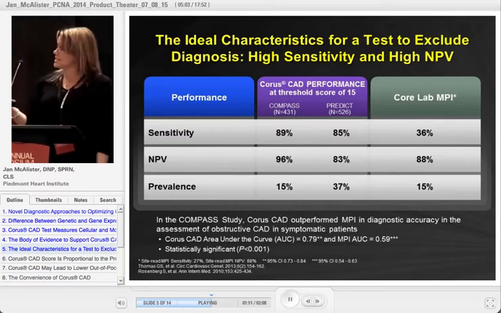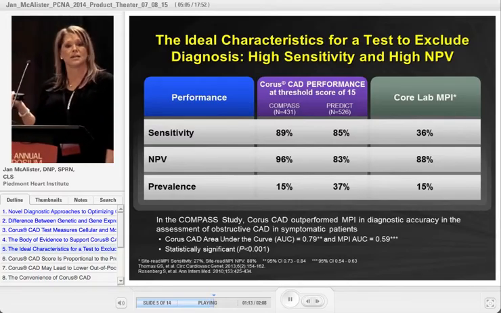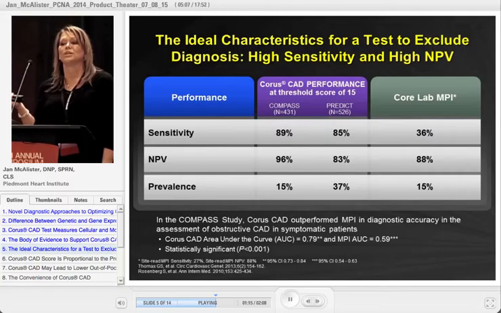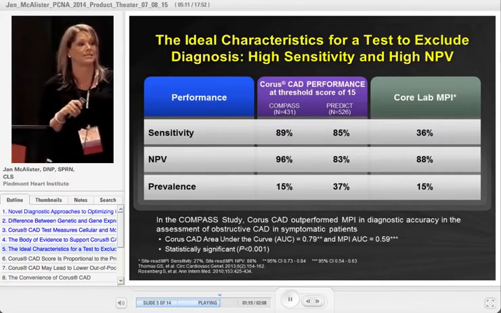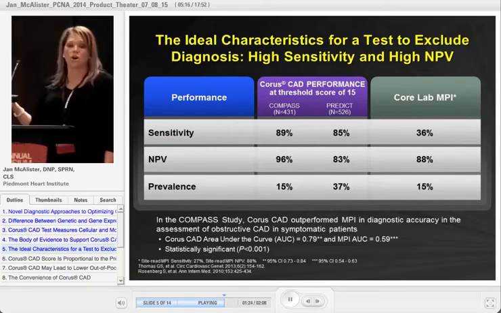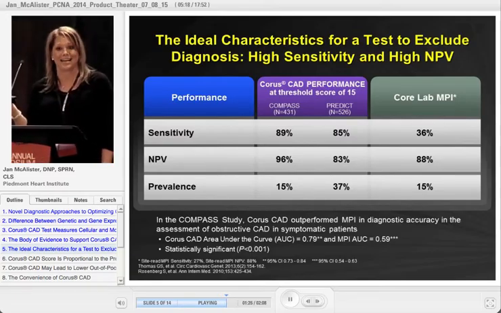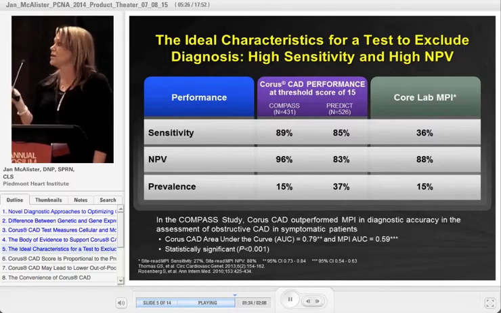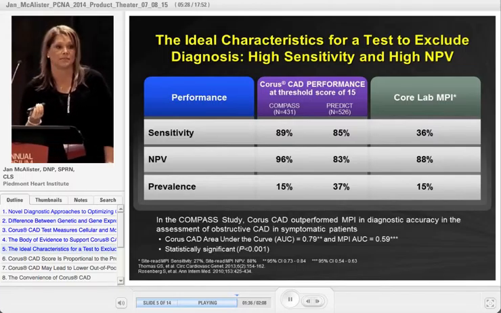And as discussed before, in the COMPASS study, which was a low to intermediate risk population group, the Chorus CAD test by far outperformed MPI as far as negative predictive value and sensitivity.